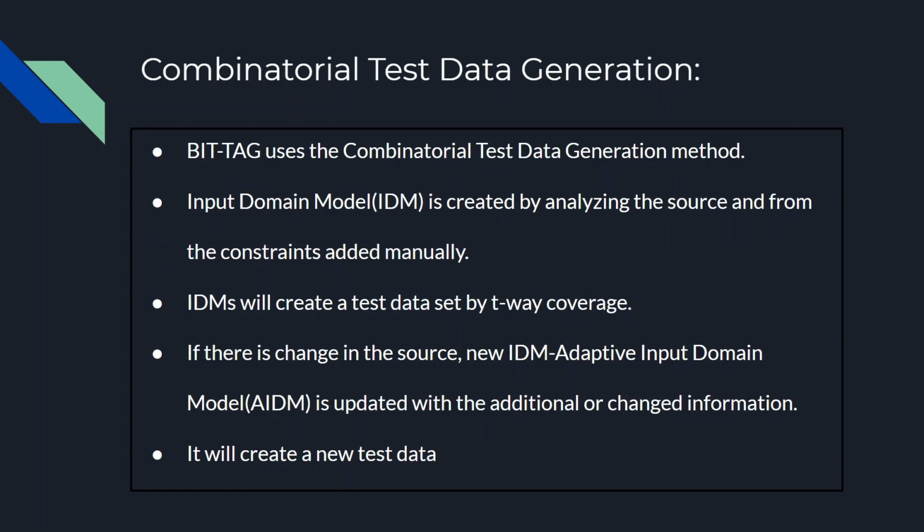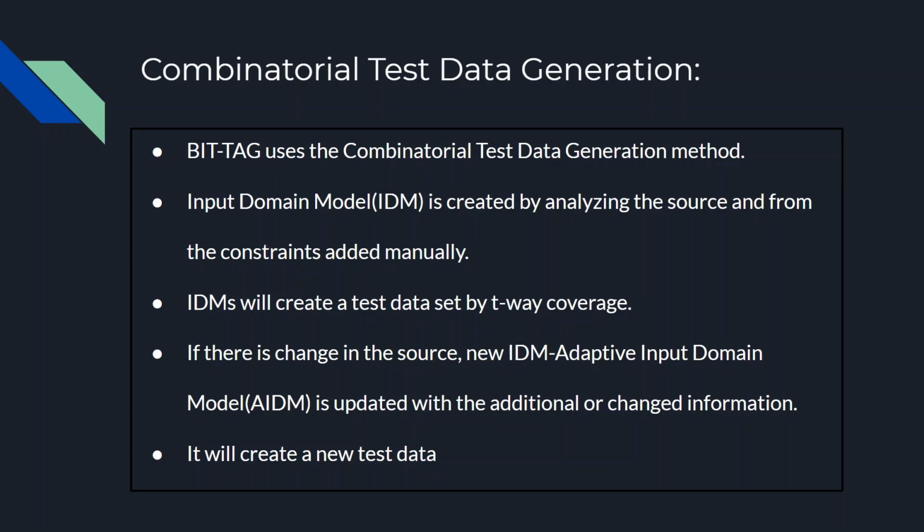The next tool is BitTag. They use a combinatorial test data generation approach. In that, they create input domain models automatically by analyzing the original data source and then add constraints manually derived from the requirements. Each column of a database is taken as an input parameter.